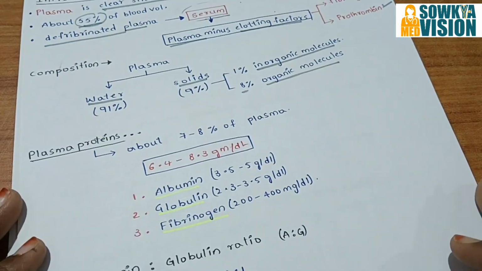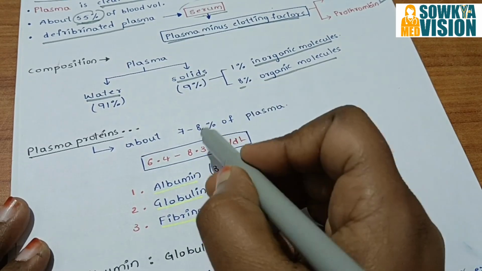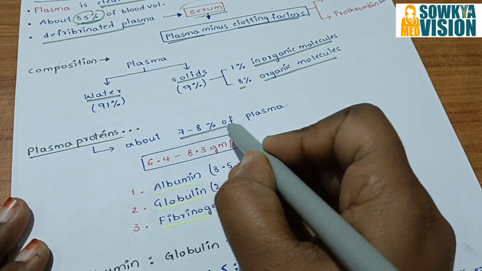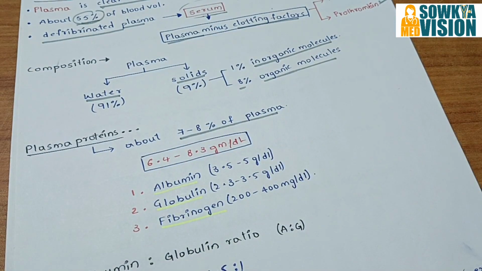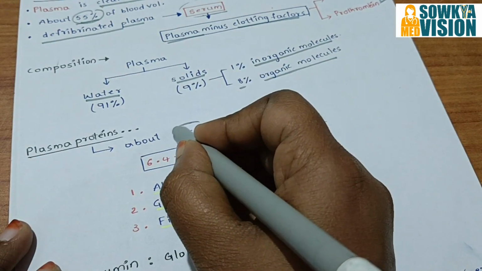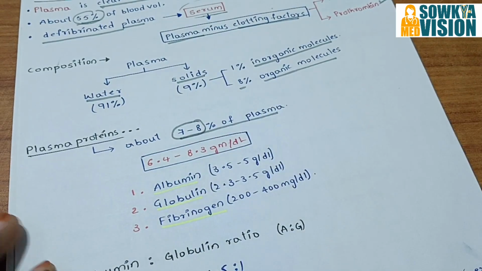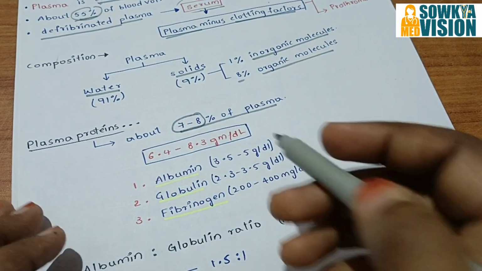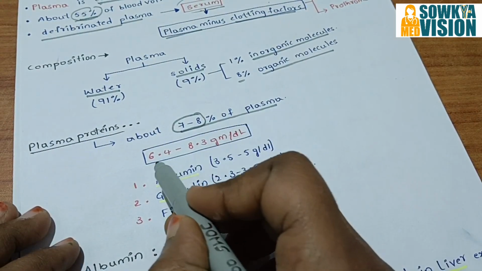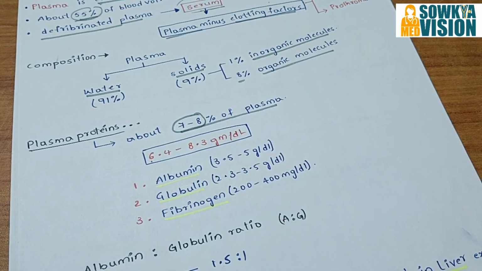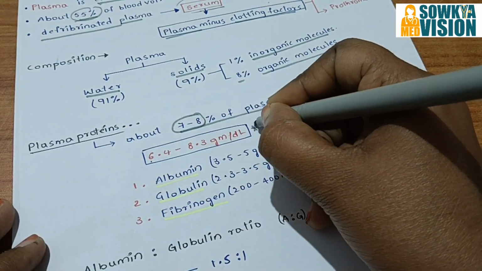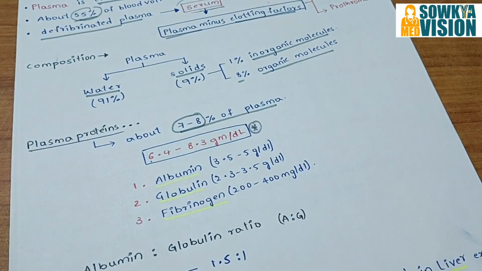Now, plasma proteins are 7 to 8% of plasma. What is the concentration? It is 6.4 to 8.3 grams per deciliter. Remember this value.